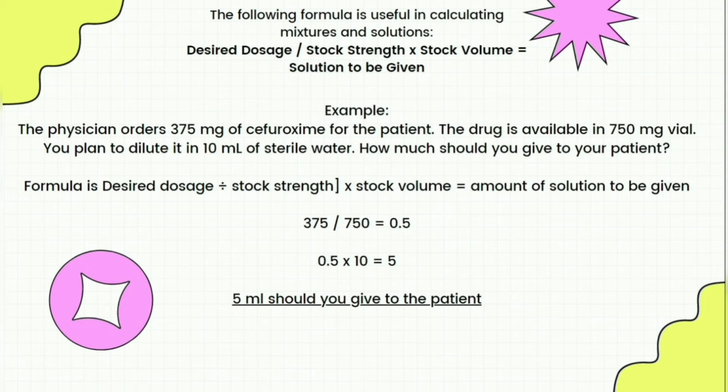So our dosage is 375, then divide it by 750. So 375 divided by 750 is equal to 0.5. Then multiply the 0.5 by 10. So 0.5 times 10 is equal to 5. So 5 ml should you give to the patient.